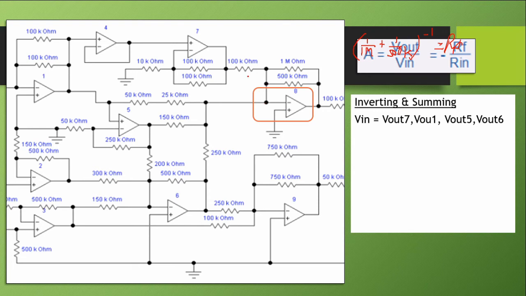And we have a lot of inputs also. We have to consider our input coming from op amp 7, then our input coming from op amp 5, and then our input coming from op amp 1, right?